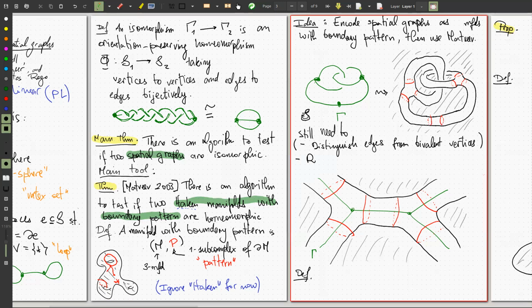So recover the orientation of S. And I'm going to tell you how we get around these two little issues at once.